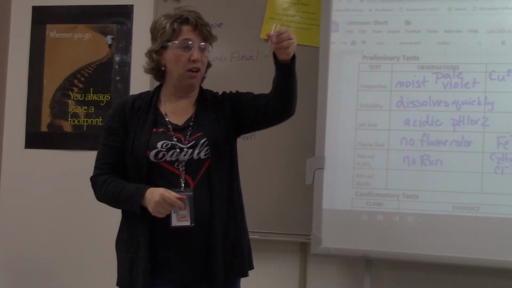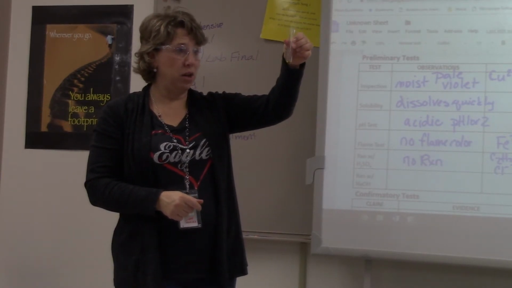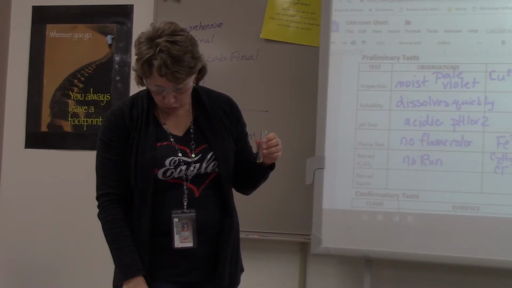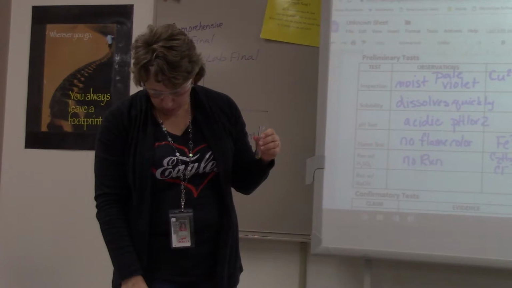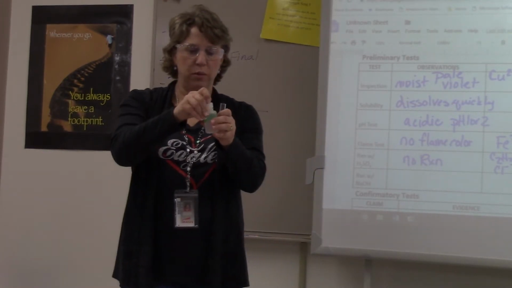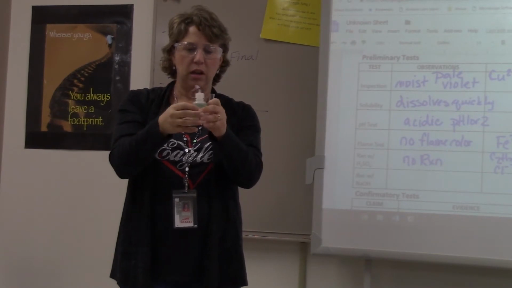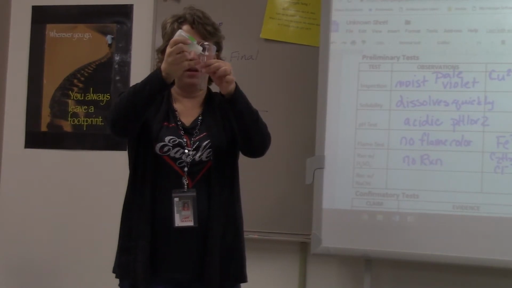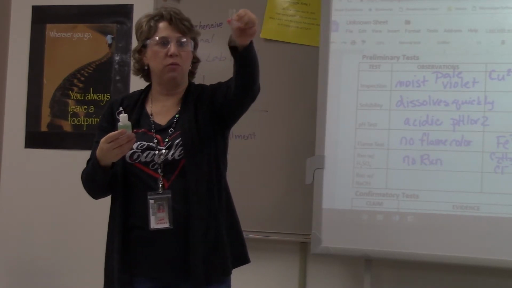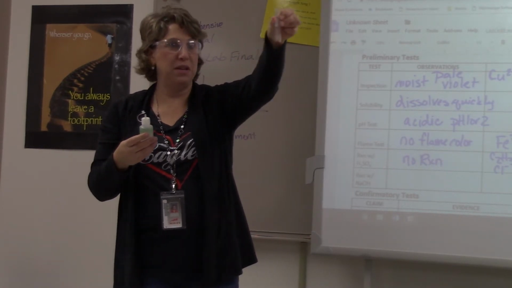Okay, now I've made an aqueous solution of my unknown, and at this point I'm going to add 1 drop of my sodium hydroxide. So here's 6 molar sodium hydroxide. I'm going to add 1 drop, and wow, I get a red gelatinous PPT.